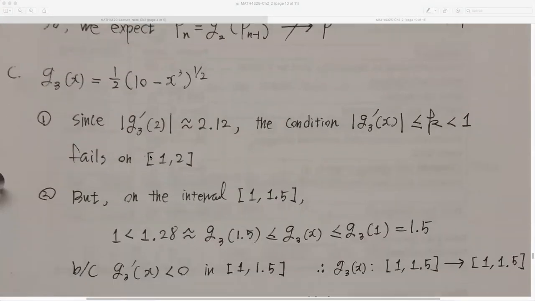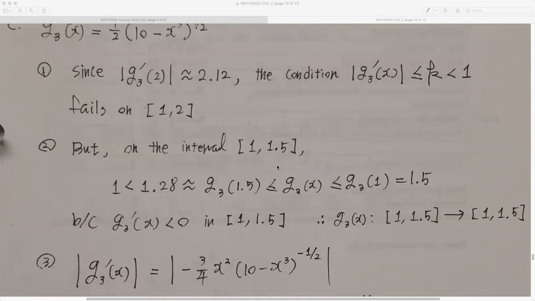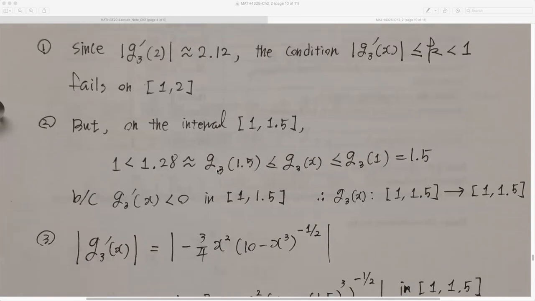Next one, G sub 3. The derivative of G sub 3 at 2 is approximately 2.12, so G prime is not bounded by K, which is less than 1. But on the interval 1 to 1.5, G3 of X is bounded by 1 and 1.5.